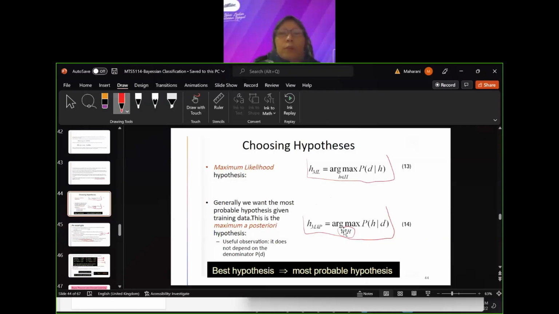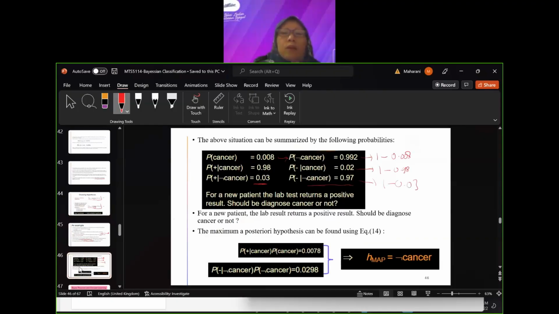Based on this we have to find the maximum. Because 0.0298 is greater than 0.0078, you can be confident to say that the probability that the patient didn't get cancer is greater.